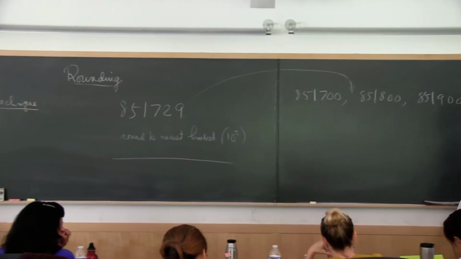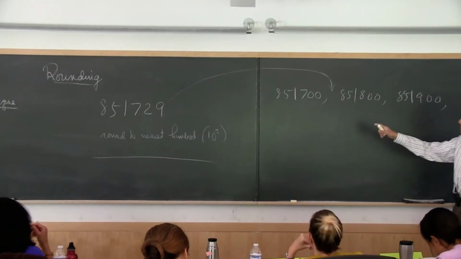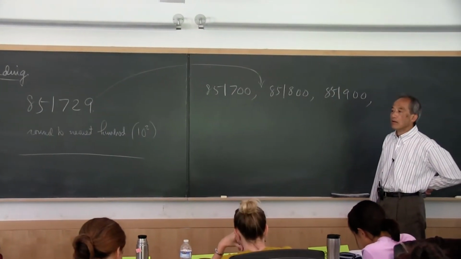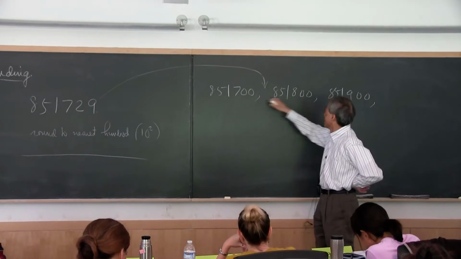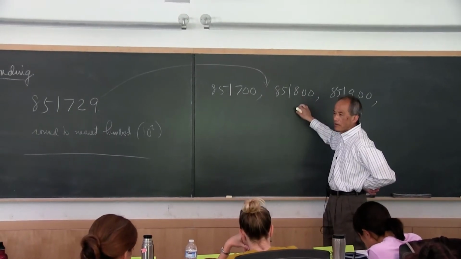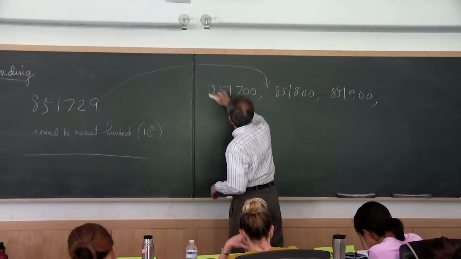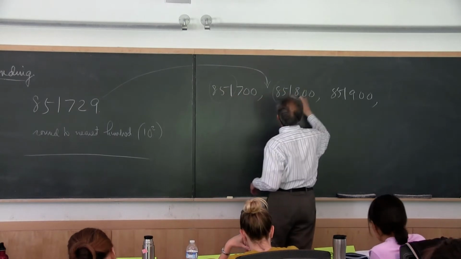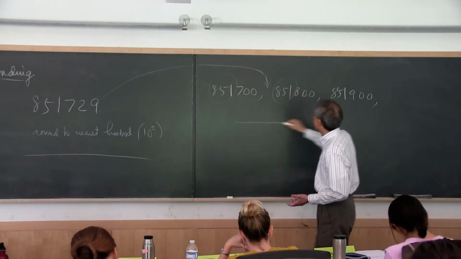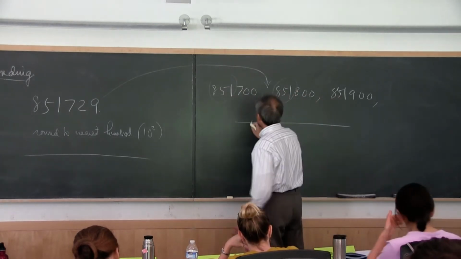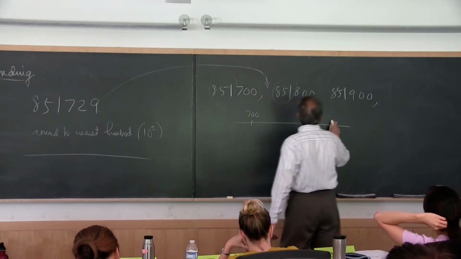Between 700 and 800. And it doesn't matter. So this chunk is really irrelevant. You're concentrating only on, this is 700, this is 800.